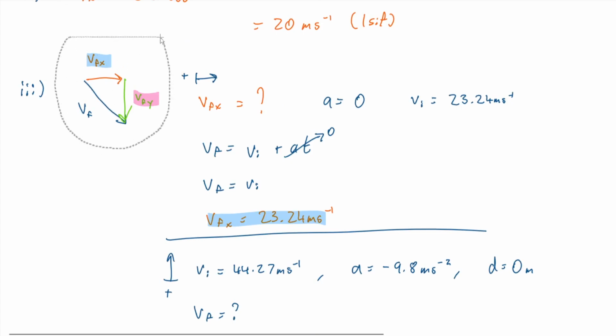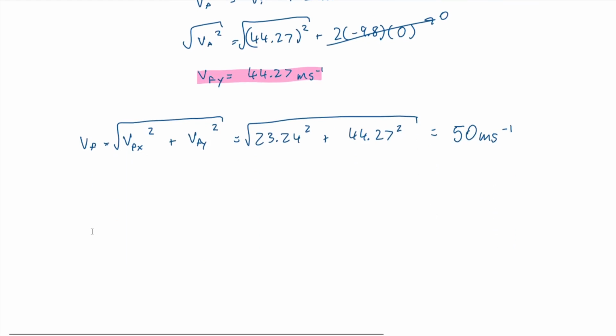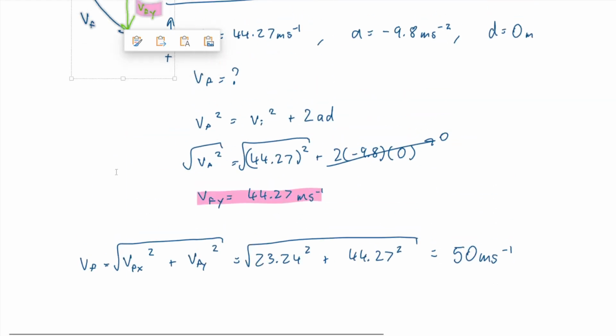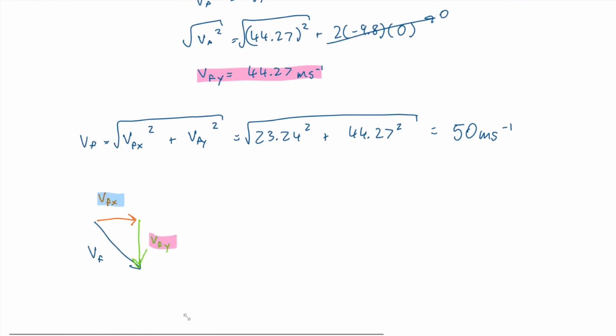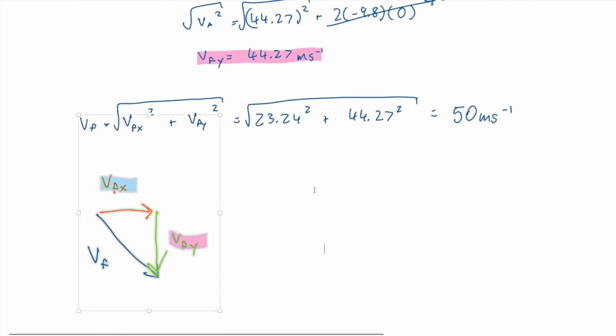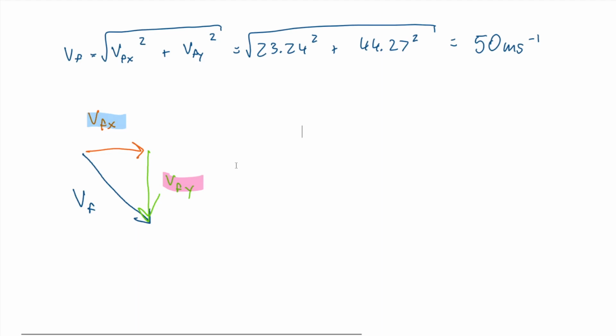Looking at our beautiful diagram here, let me just bring that down. So we could find this angle right here because we know opposite and adjacent. So let's do that first.